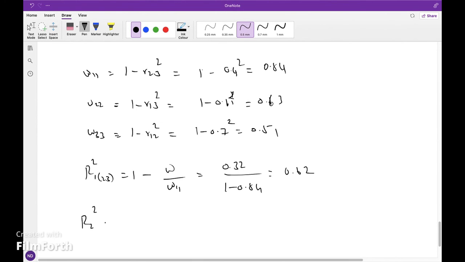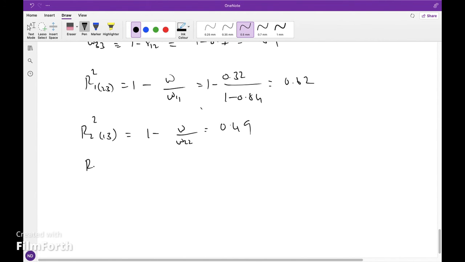So R2.13 squared is 1 minus omega by omega 22, and the total value is 0.49. R3.12 squared is 1 minus omega by omega 33, that is 1 minus 0.32 by 0.51, that value is 0.37.